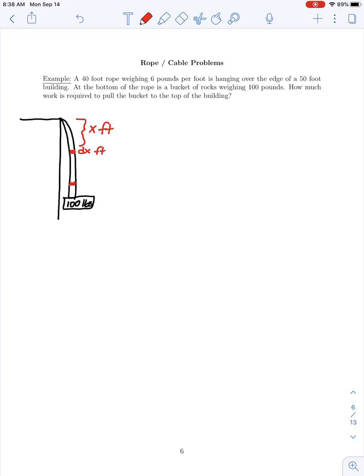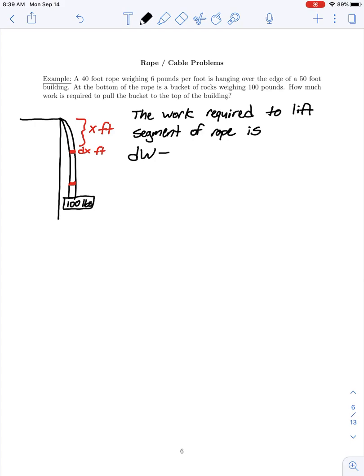So let's see if we can determine the work required to lift this one slice or this one little section of rope to the top of the building. So here I'll say the work required to lift this segment of the rope is what I will call a differential of the total work W to lift all of this rope to the top of the building.